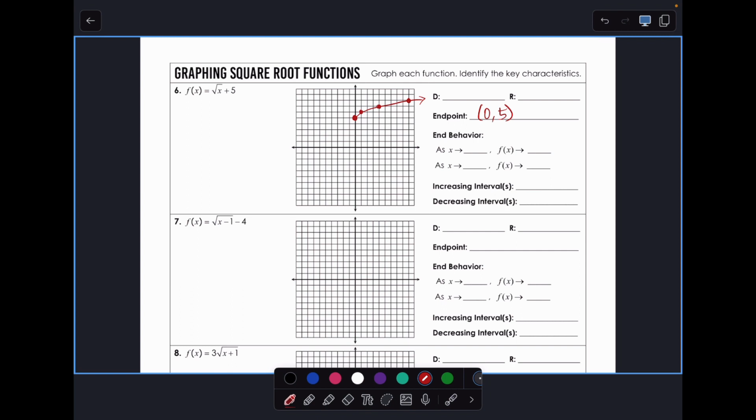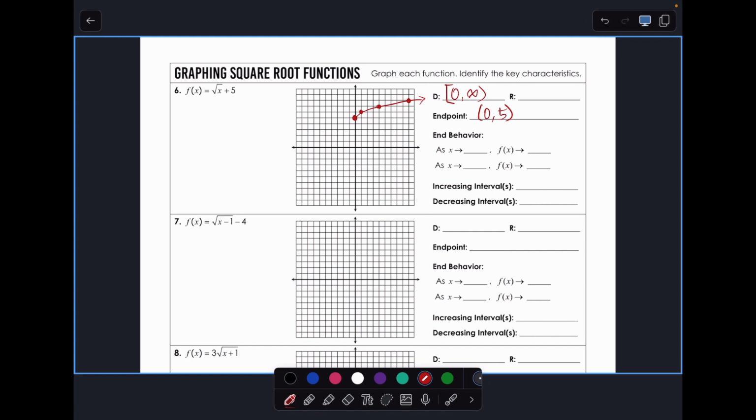Yes? Okay. Domain. Where does it begin? 0. And it goes to the positive. Is it including 0? Okay. Domain has to do with which values, Leo, x or y? That's why it's 0, not 5. We're looking at x values for domain.